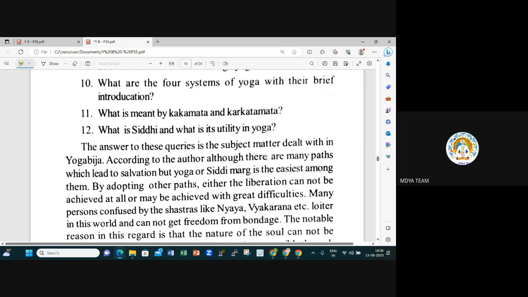Try to tell who, either the crow or the monkey, will get salvation and in which way. If you go through the Kakamat, what is the result? If you go through the Karkatamat, what is the result? These two are very important.